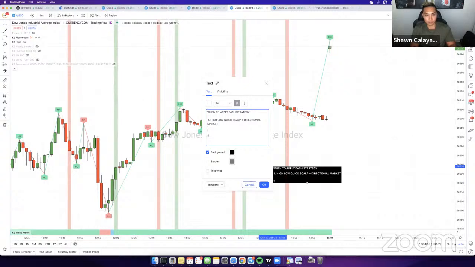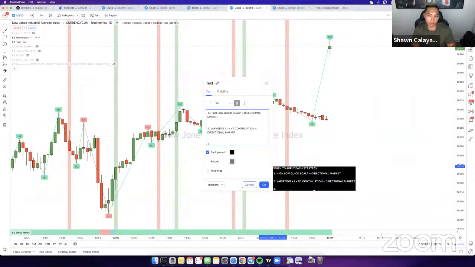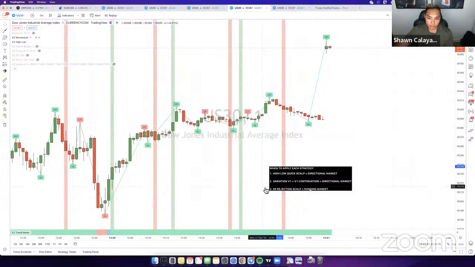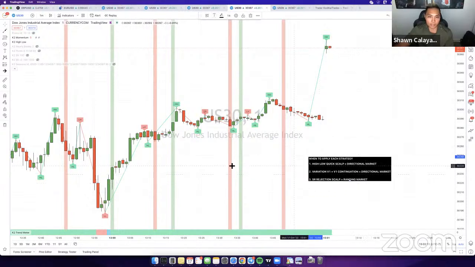Two, variation V1 and V1 continuation, directional market, right? So typically you're going to be looking at market conditions. When you mark up the high lows, you can pretty much tell if price is ranging or moving directional. Lastly, for the SR rejection scalp, ranging market. This is all you really need because these are the main ways that the market moves, right?